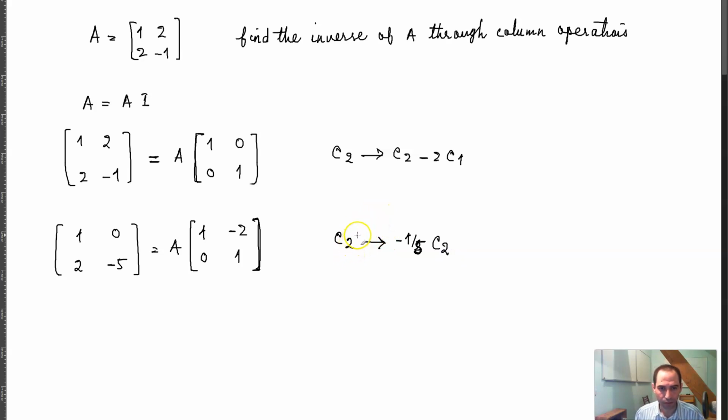And as a result of that, this becomes a positive 1. So I can write this as 1, 2, 0 times -1/5 is basically 0, and -5 times -1/5 is equal to 5/5, which is equal to 1. And that is equal to 8 times, and again the first column is the same, and that is positive 2/5, and that is -1/5. I have to multiply these by -1/5 as well.